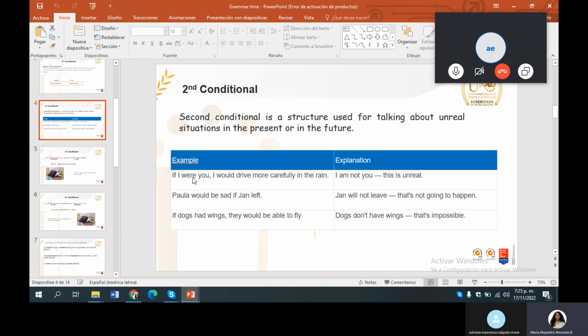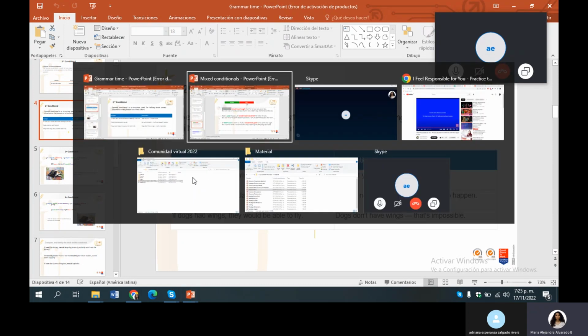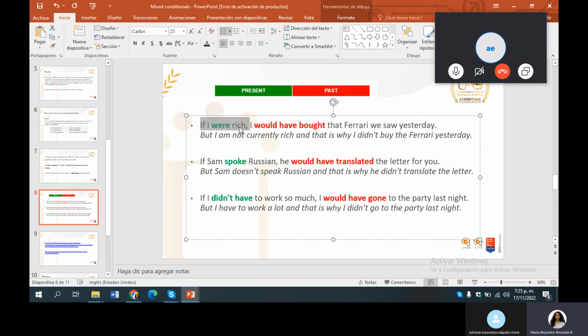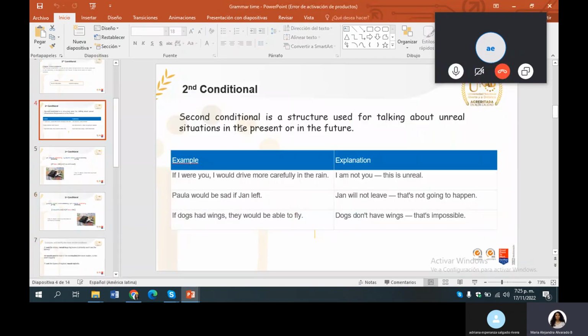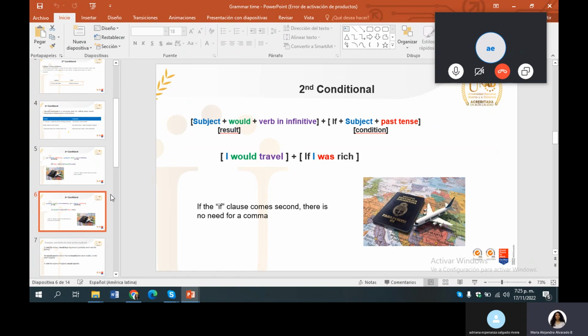If I were rich. So let me explain something here. In the second conditional, we use if I were, and then we put the subject and the would.